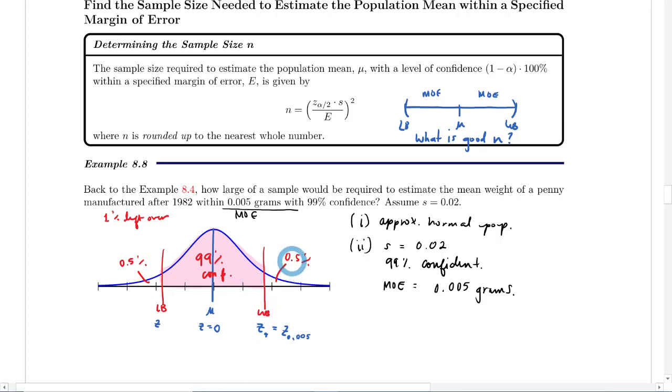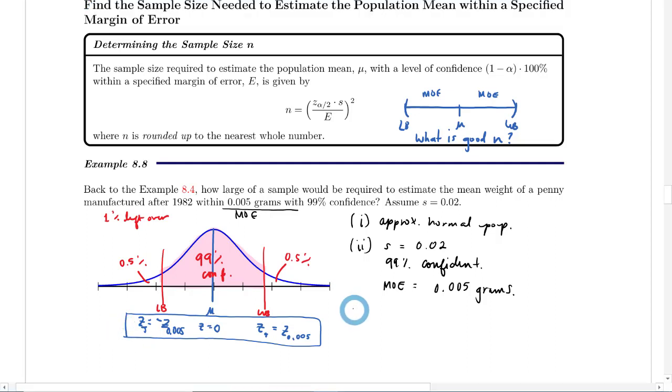Because 0.5% is 0.005. So just using symmetry and what we know about the normal curve, this z over here is going to be negative z sub 0.005, right? It's just the negative z-score because z is 0, to the left is negative, to the right is positive. So we're just looking here at the z-score level.